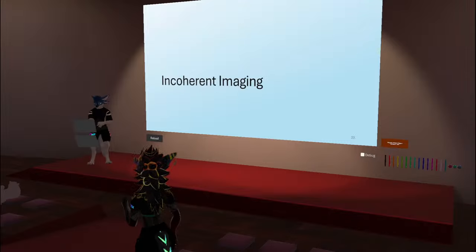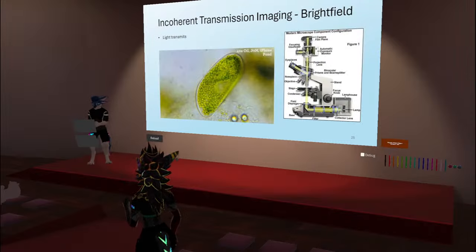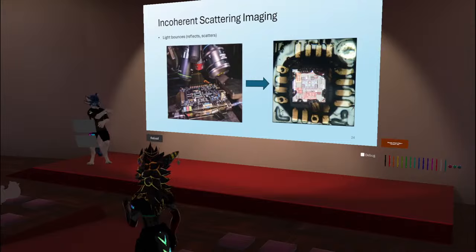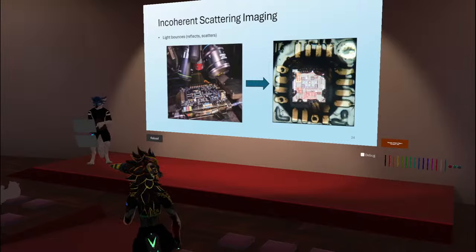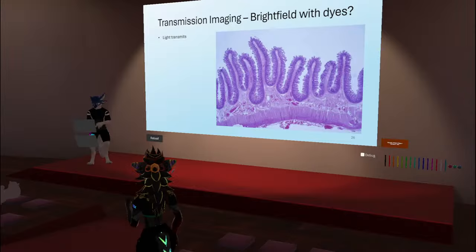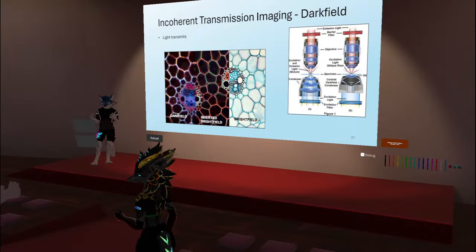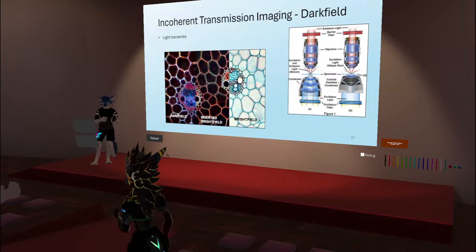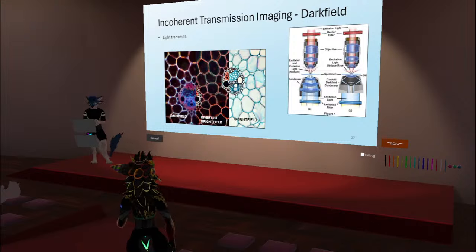It's really more a question of what is appropriate for the specific task, the specific situation and contrast you're trying to take advantage of. Like if I wanted to look at a circuit board, I'm probably not going to use something fancy like a photoacoustic system.